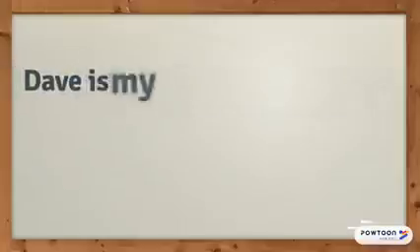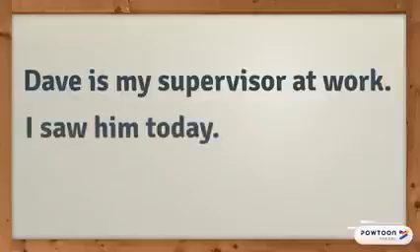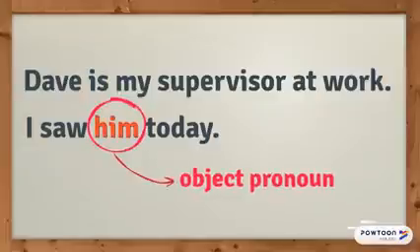Right, now that you've understood what a subject pronoun is, let's have a look at what an object pronoun is. Take a look at the following example. Dave is my supervisor at work. I saw him today. In this example, him is an object pronoun.